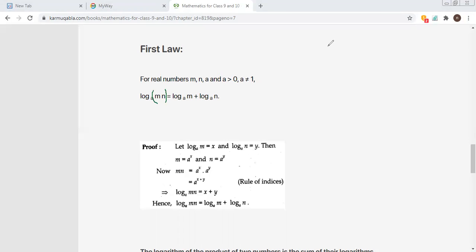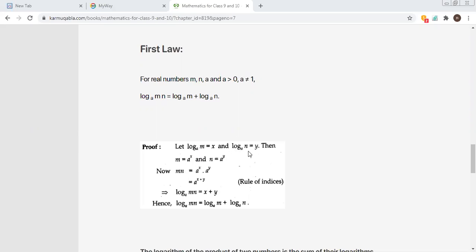Here the proof is: let's suppose log a of m is equal to x and log a of n is equal to y. Class, here they have proved it. Then this is the logarithmic form and here you have the exponent form. Are you getting my point, students? Yes.